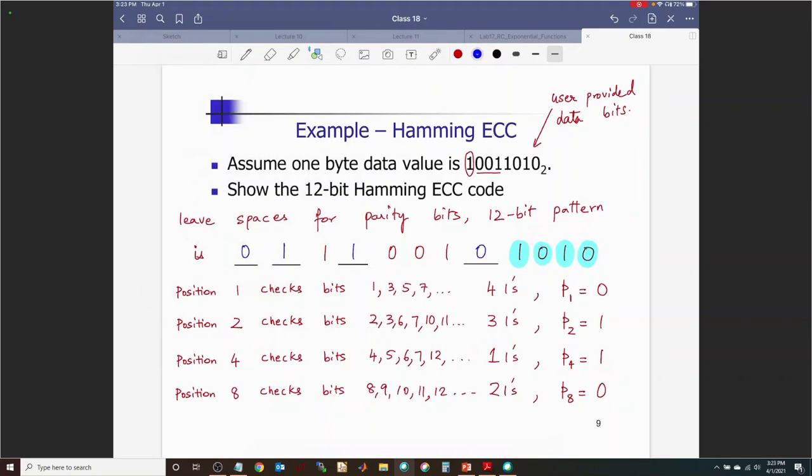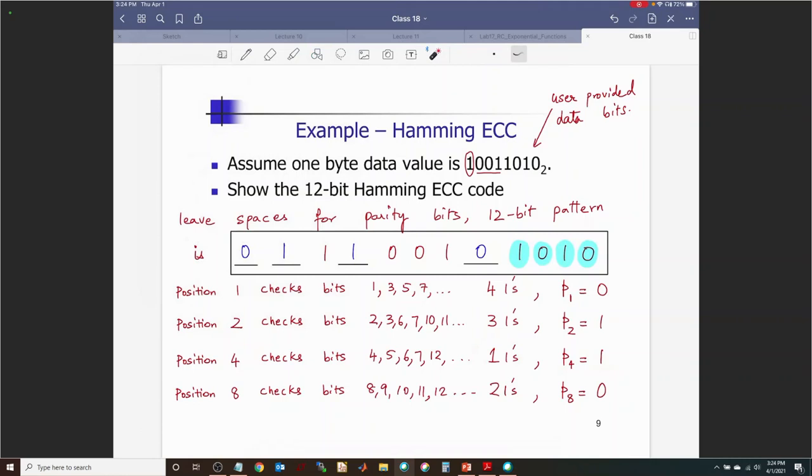That is going to be my 12-bit Hamming error correction code that I'm going to write to memory for this particular user-provided 8 bits. All right, questions about this example?